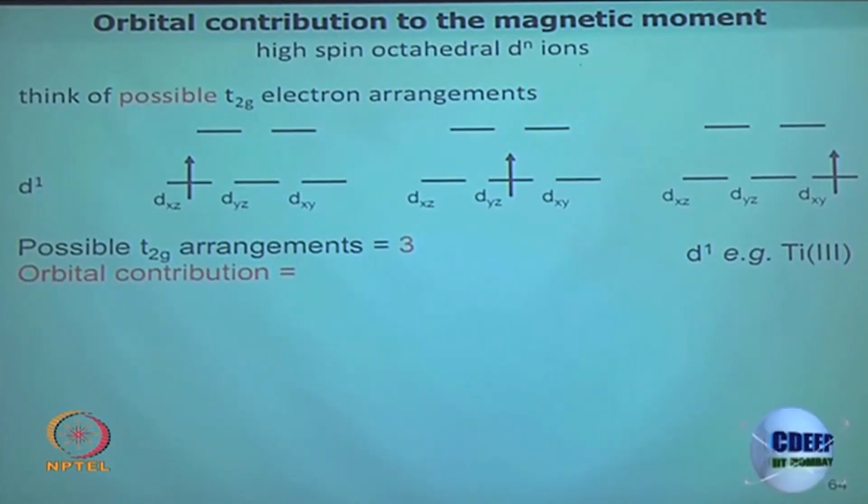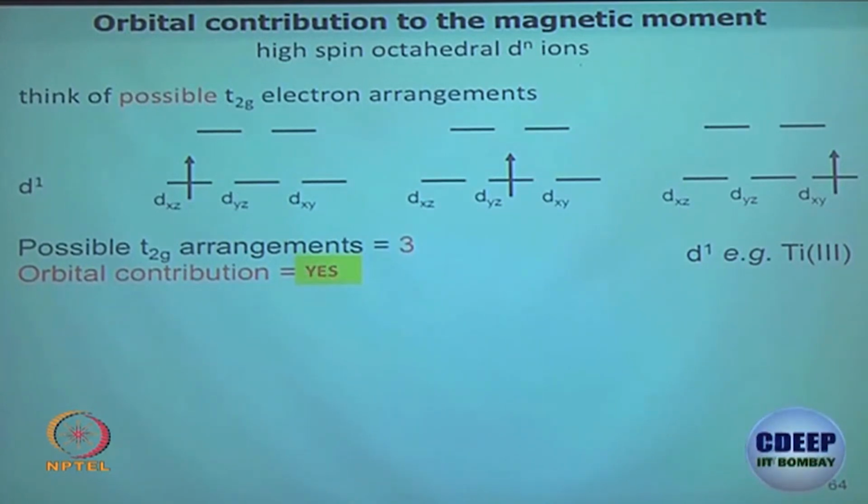Think of possible T2g electron arrangement. It can be d1. d1 can be organized as shown: dxz, dyz and dxy. Possible T2g arrangement is three different ways you can put the electrons, thereby orbital contribution is yes. d1 in titanium 3 plus.